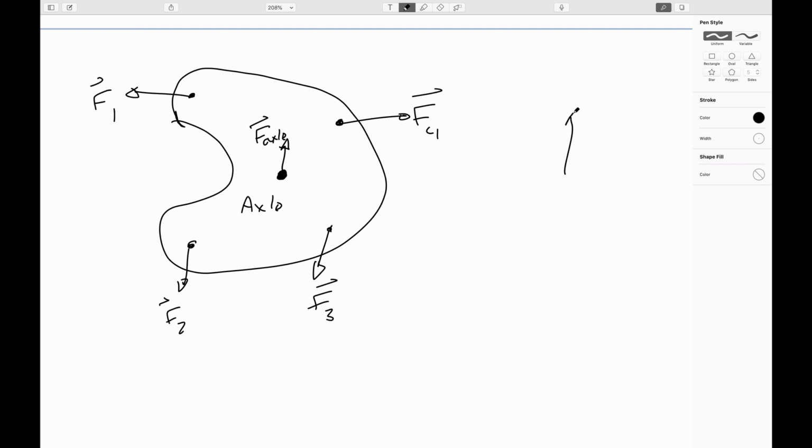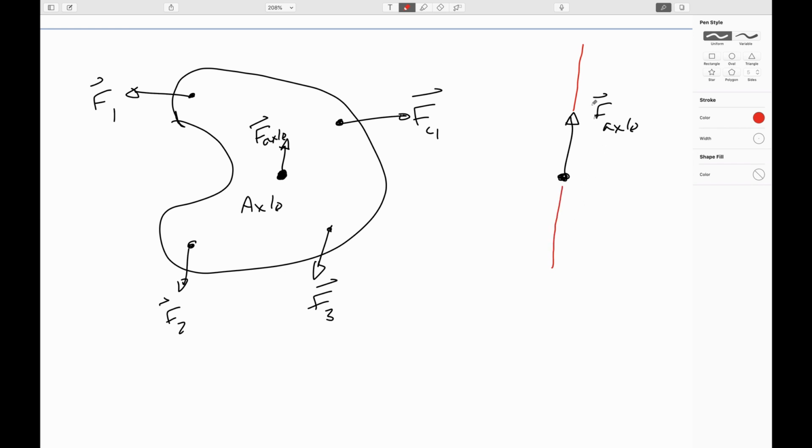So let me just draw it over here. And when we talk about torques, we always draw in our torques, our forces at their point of application. This is leading towards something we'll call an extended free body diagram. So let me go ahead and draw the line of action here.